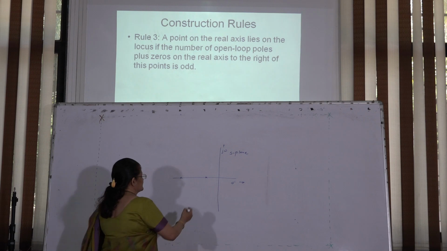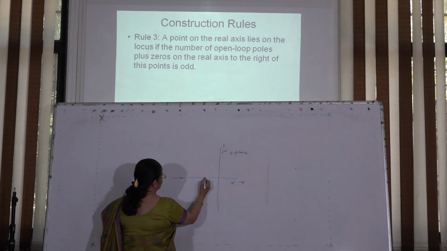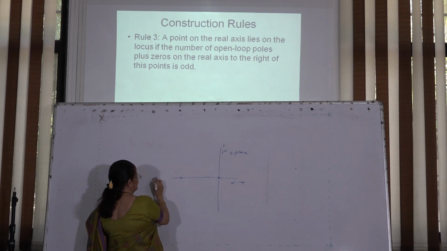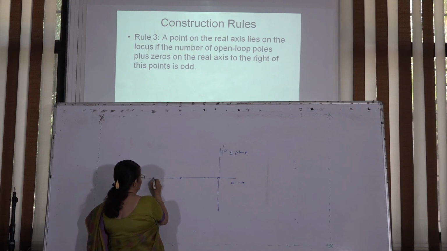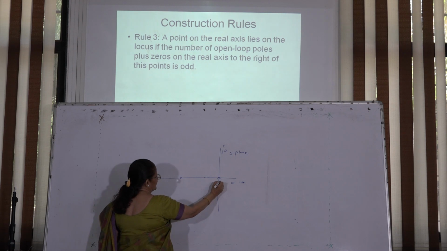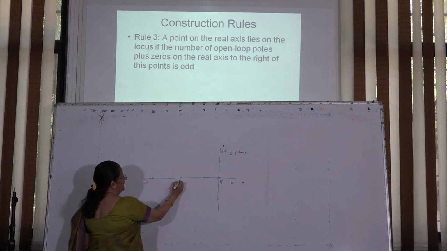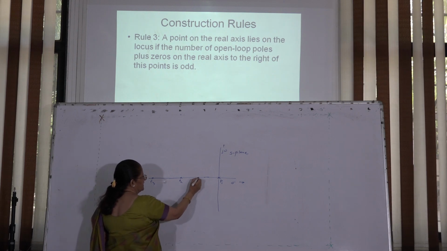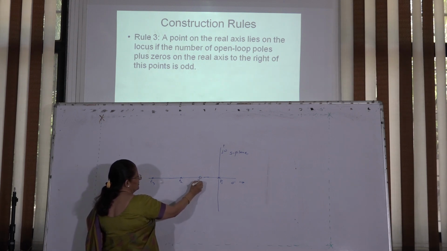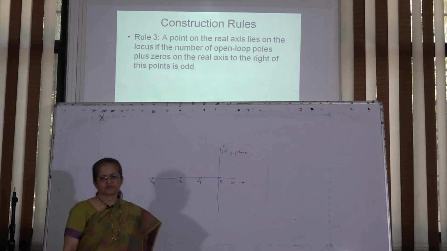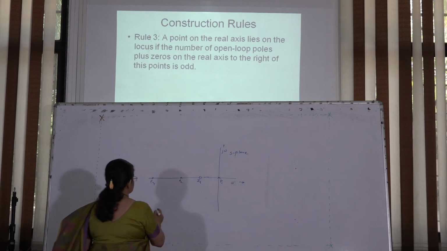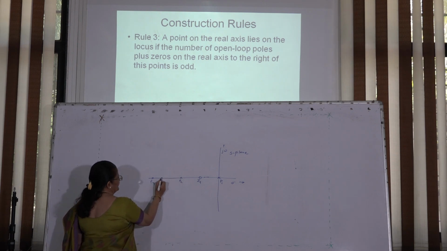Suppose one pole is at the origin, one pole is here and the third pole is here. So, we will write here P1, P2 and P3. One zero is here, so I will write here Z1, open loop zero is here, and one zero is somewhere here.